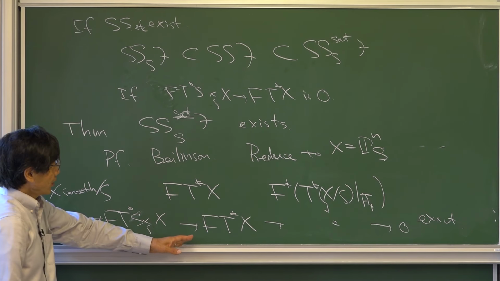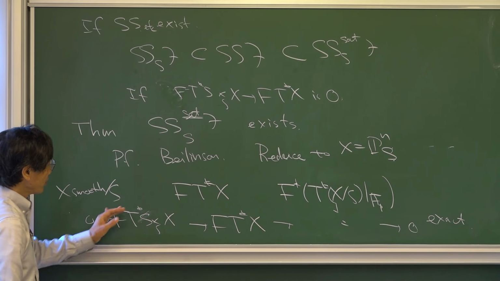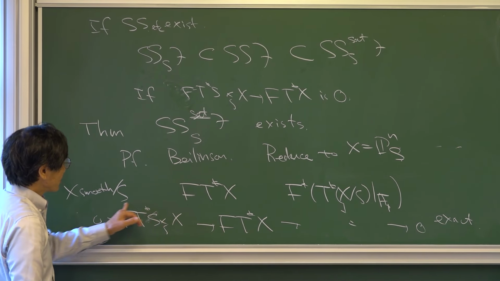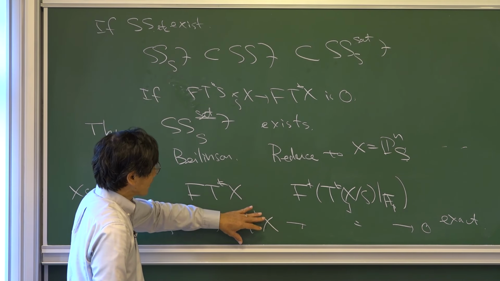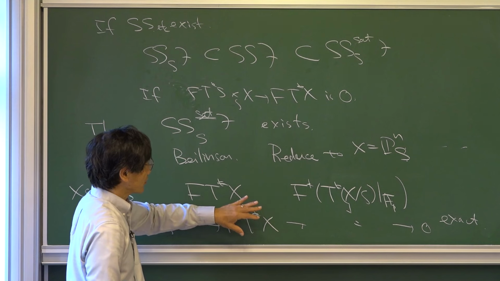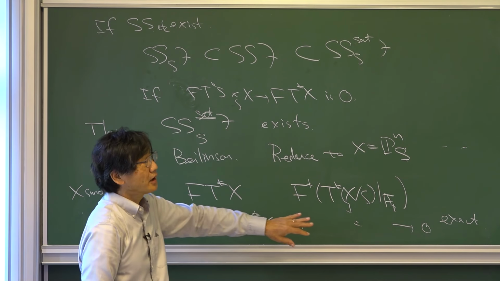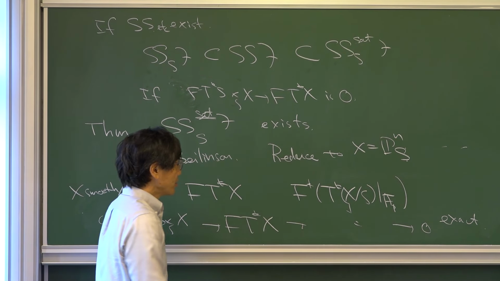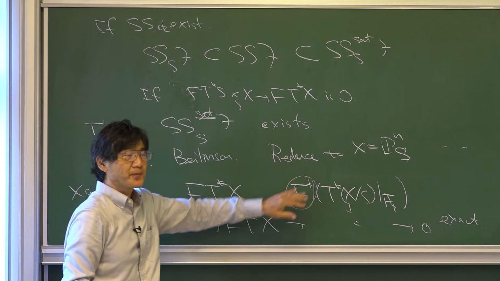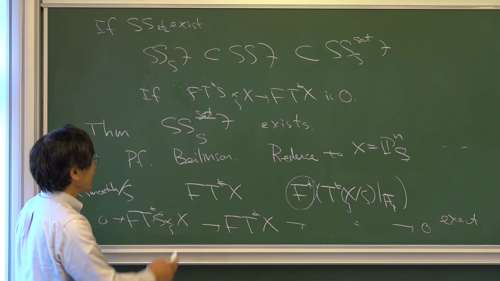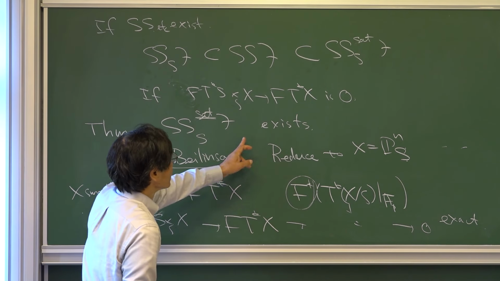And if we assume this saturatedness condition, that means it's stable under the action here. To consider a saturated closed conical subset here means that you just consider a closed conical subset here. And this Frobenius is a homeomorphism, so you can ignore this. Then you can literally copy the argument of Beilinson to prove the existence.